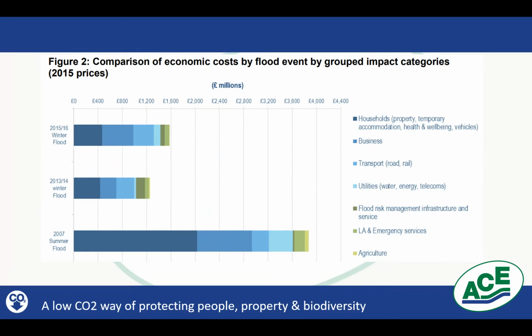You can see here how many billions is lost when a serious flood does happen. So you can see in 2007, the economic impact was 3.8 billion. That's a tremendous amount more money than's actually spent on building these assets in the first place every year. You can see the impact in this lighter blue is also towards business.